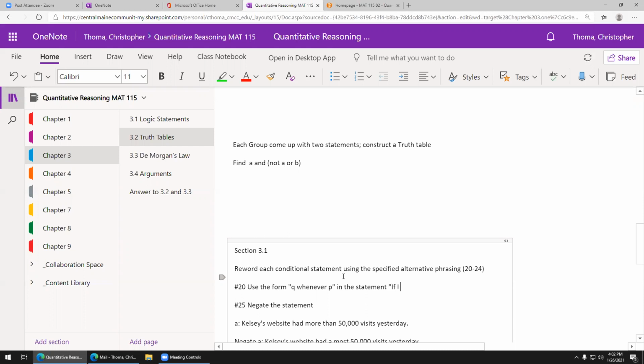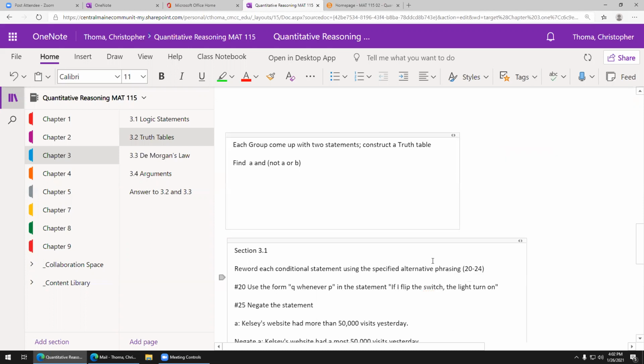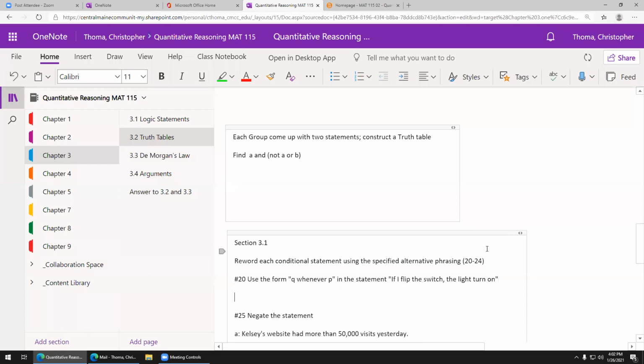If I flip the switch, the lights turn on. So it wants us to rewrite this with whenever, replacing the if-then.